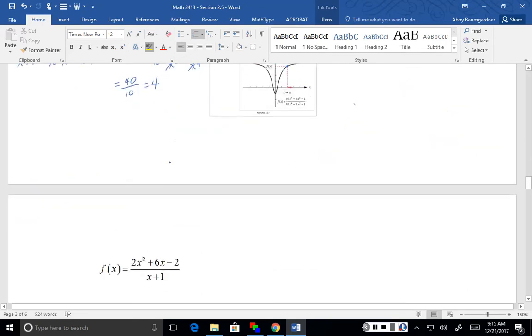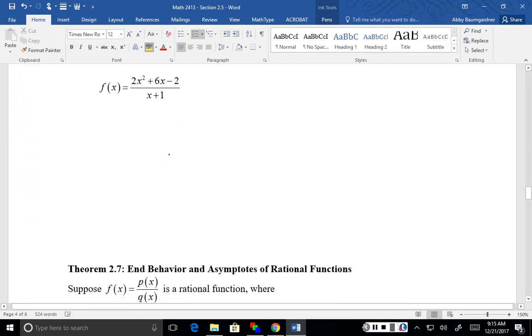Okay, let's do this one as well. We have the limit of 2x squared plus 6x minus 2 divided by x plus 1, as x approaches negative infinity, right?